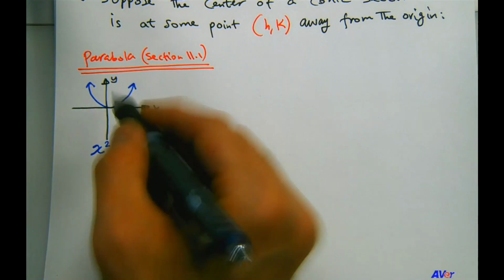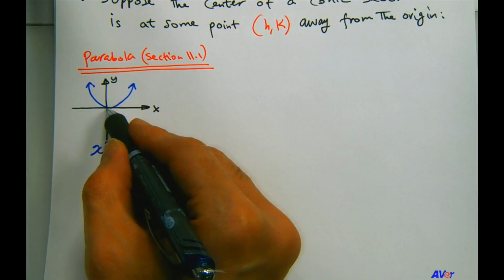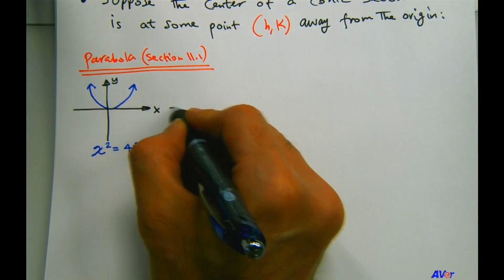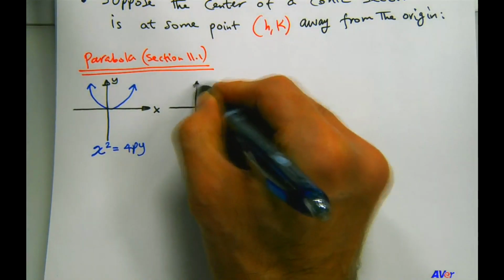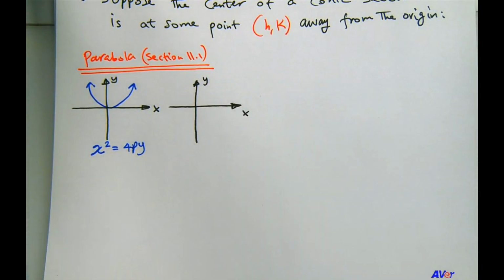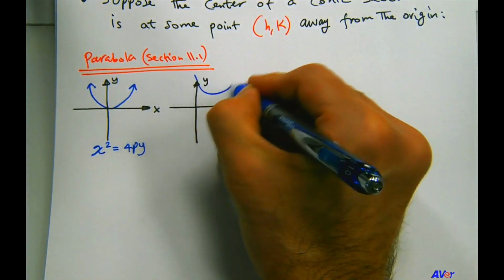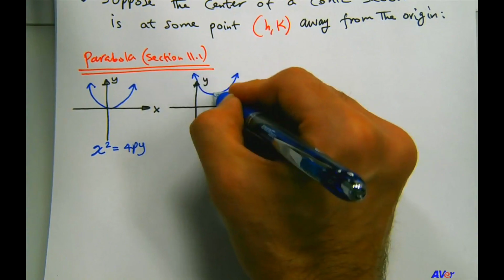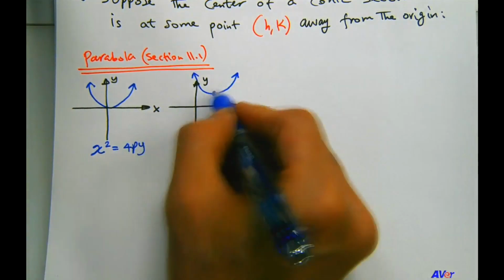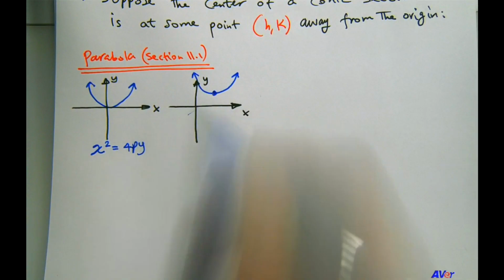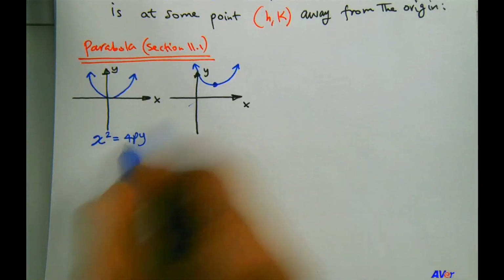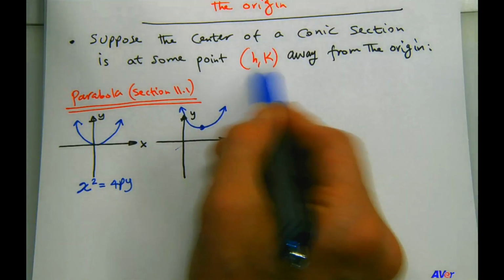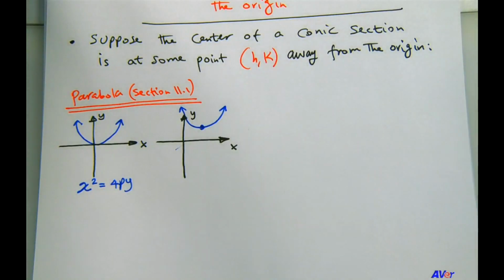Now, if the center is at some other point than the origin, suppose we have this kind of parabola, and the center is here, someplace away from the origin, then the formula will adjust. This formula will adjust itself by taking into account the coordinates of the center.